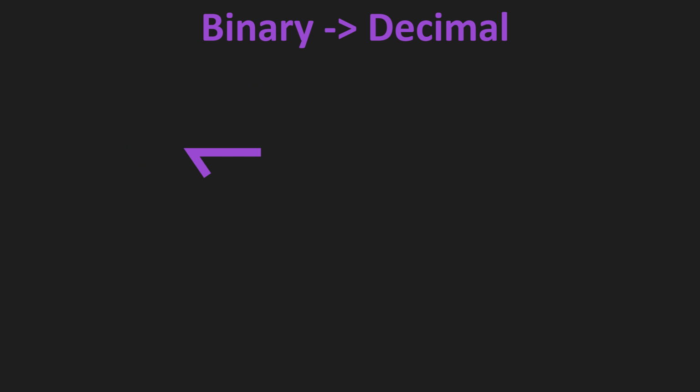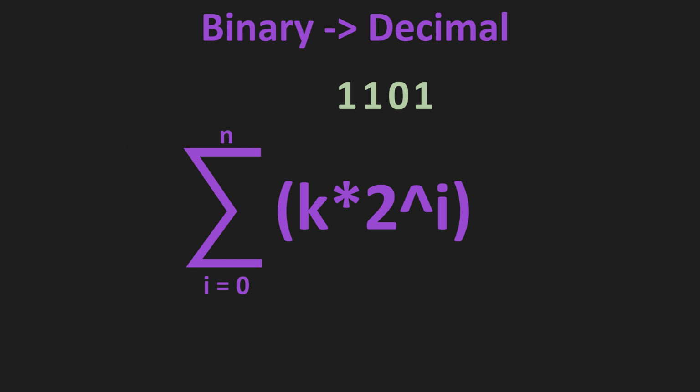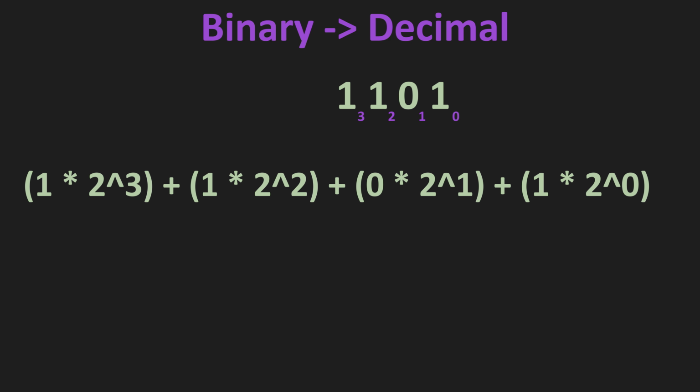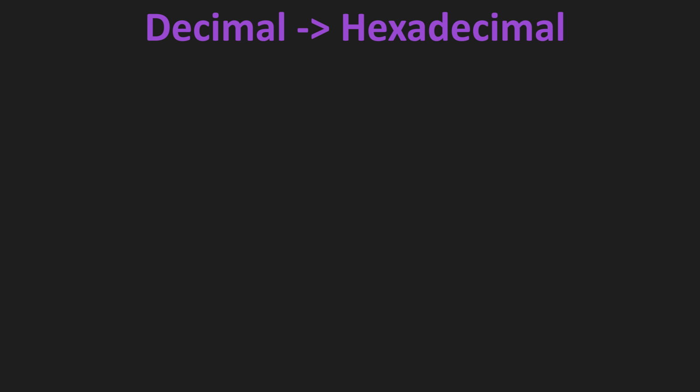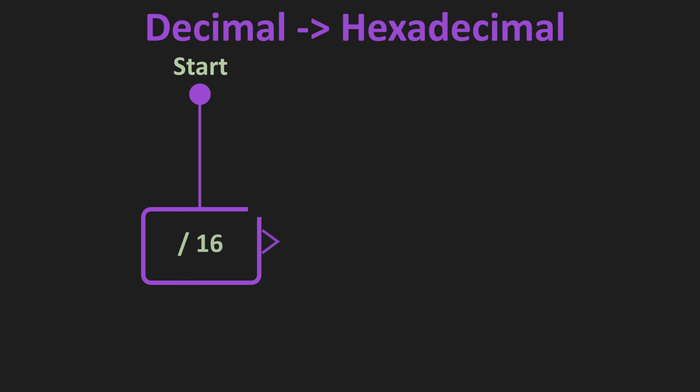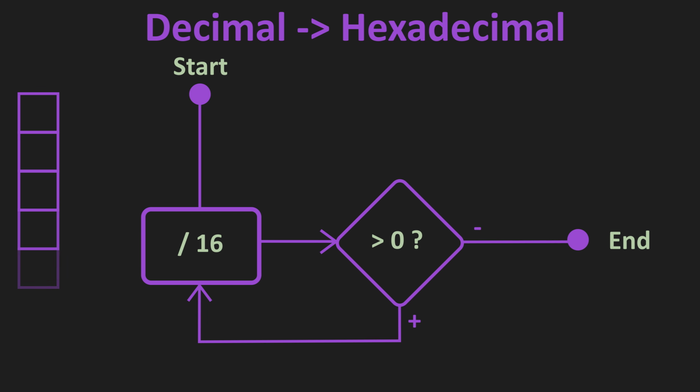To convert binary to decimal, multiply each bit by 2 raised to the power of its position, starting from 0 on the right. Here is an example of converting 1101 from binary to decimal. For decimal to hexadecimal conversion, divide the decimal number by 16 and write down the remainder. Use symbols A to F for remainders above 9.